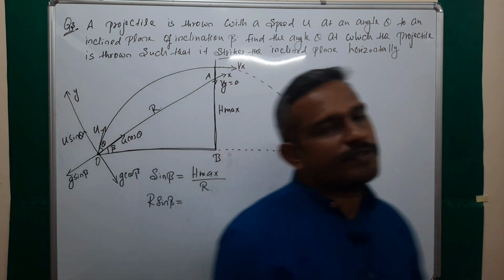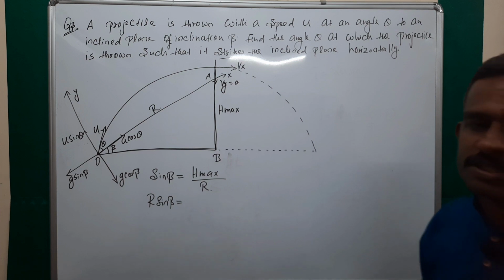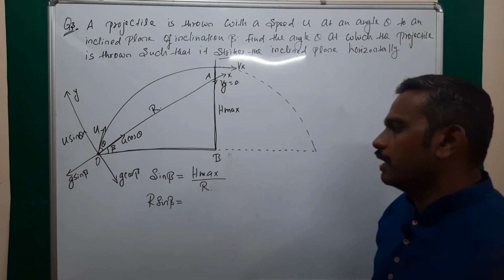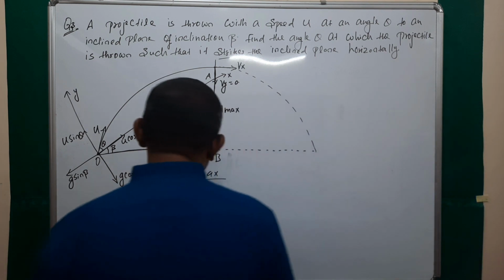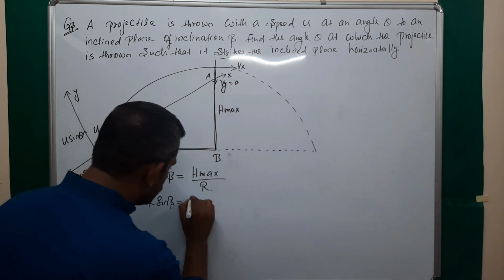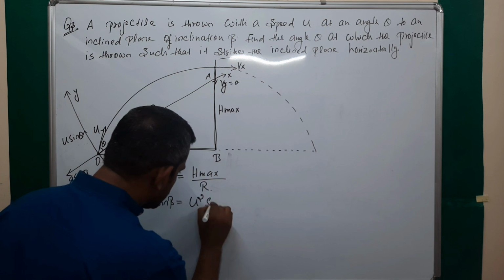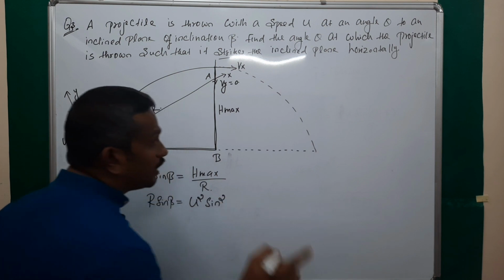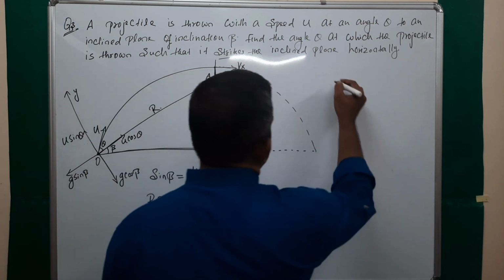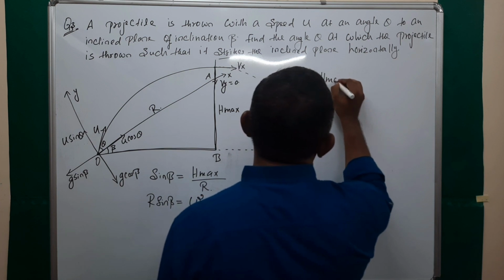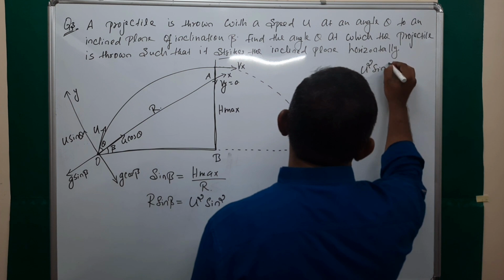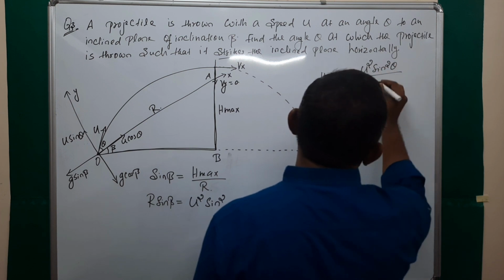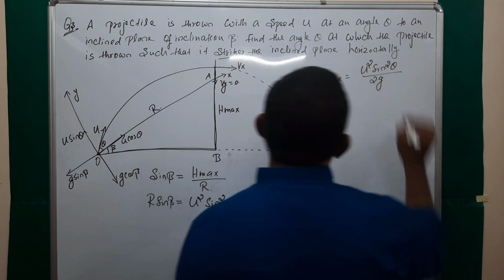What is the formula for h max in horizontal projection? It is u square sin square theta divided by 2g.